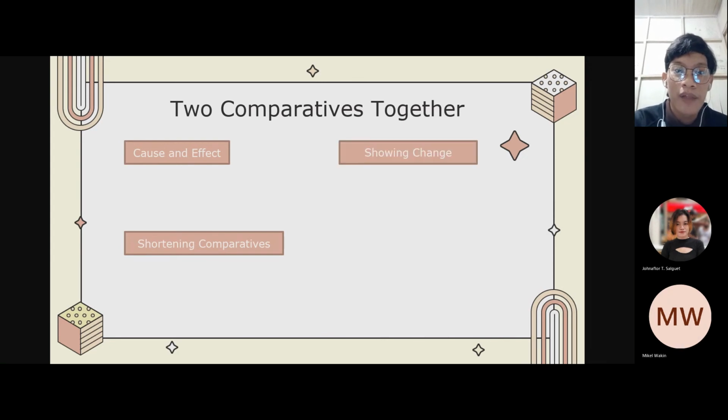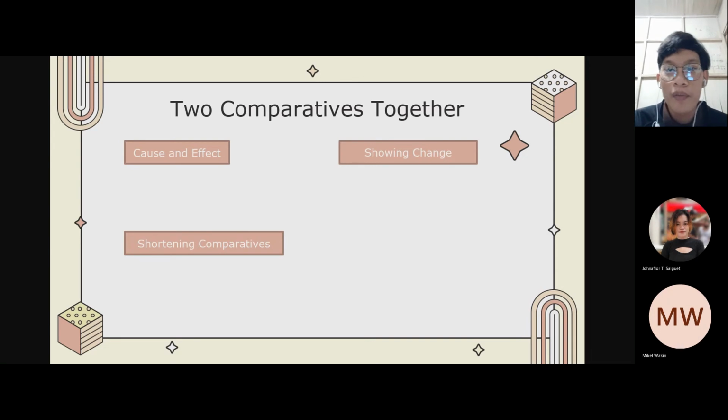Wait, allow me to explain first our types of comparatives, two comparatives together, in this lesson. Let's use the things we have learned about adjectives and their comparative expressions to make sentences containing two comparatives together.